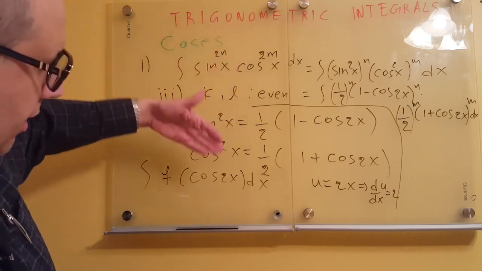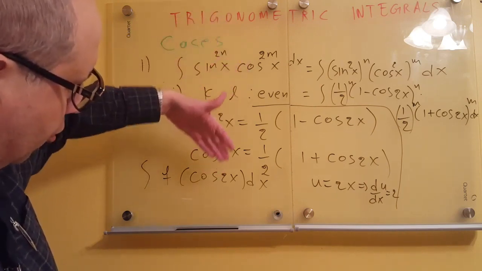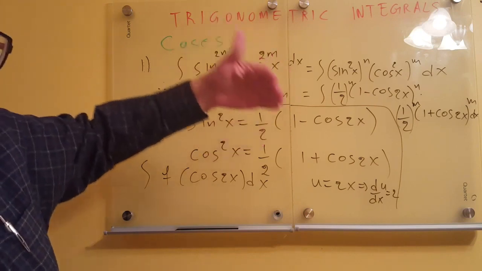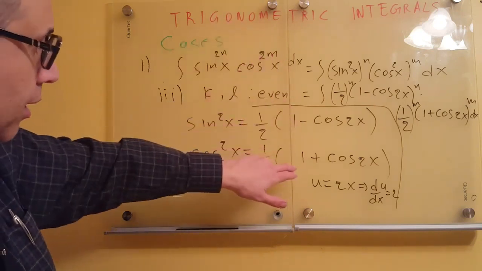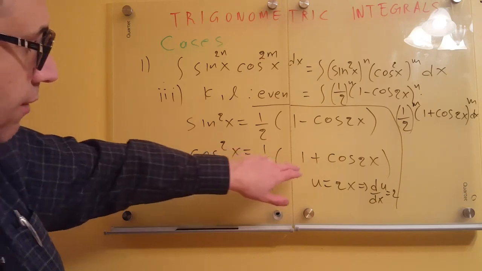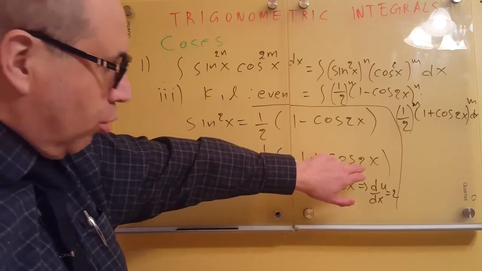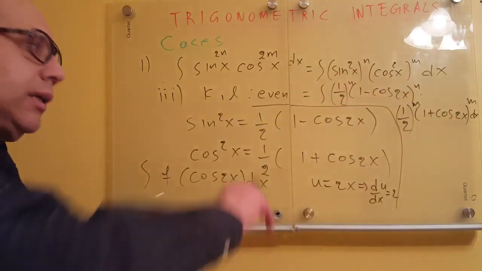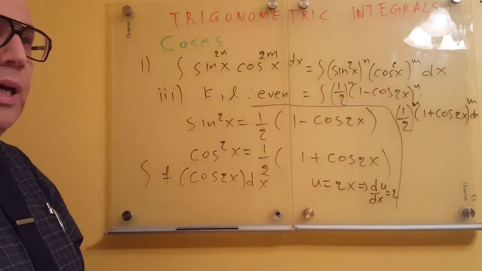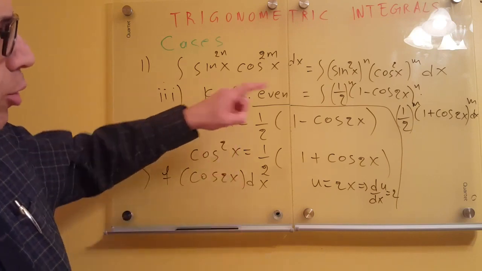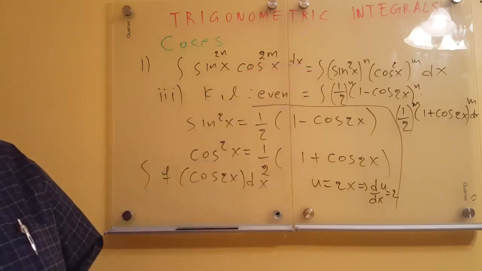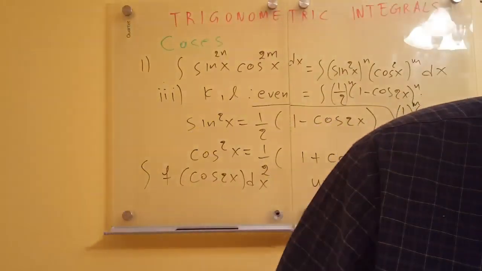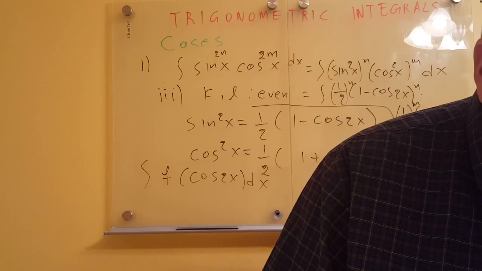What do I mean by that? You rewrite the cos square 2x using this formula, so it will be 1/2 times 1 plus cos of the double angle, now 4x. And you work this way down until you don't have any more even powers. So let me do an example to see how this works.